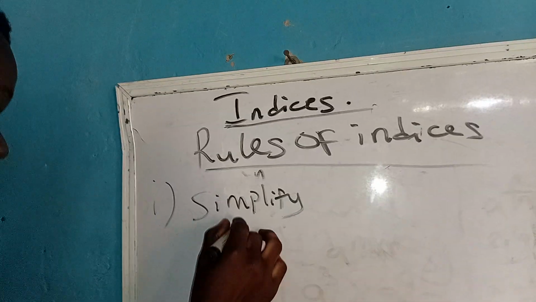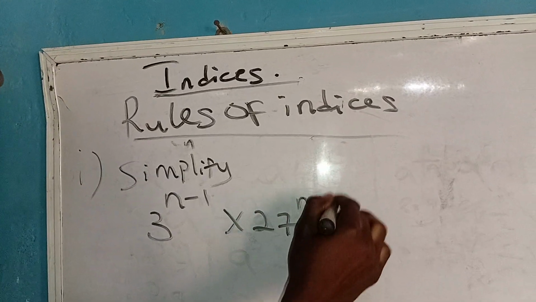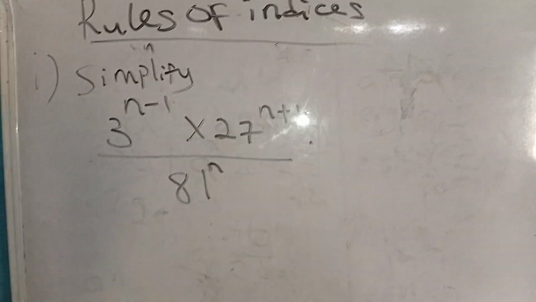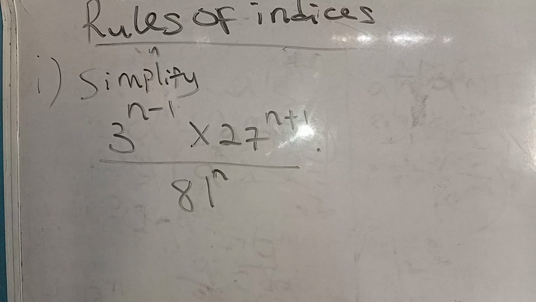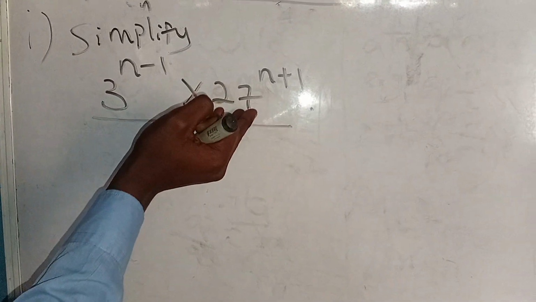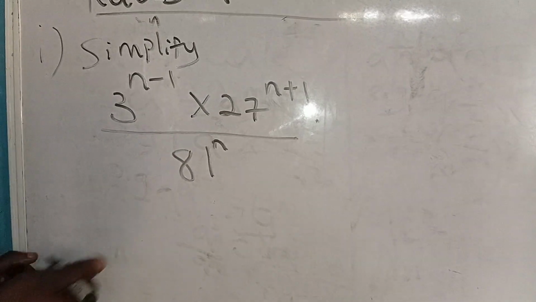3 raised to power n minus 1 times 27 raised to power n plus 1 over 81 raised to power n. Now in this process, first and foremost we are going to take the index of these two. So let's solve.